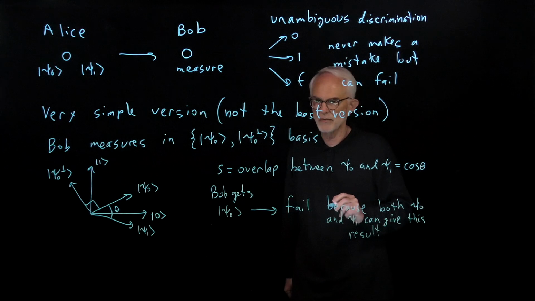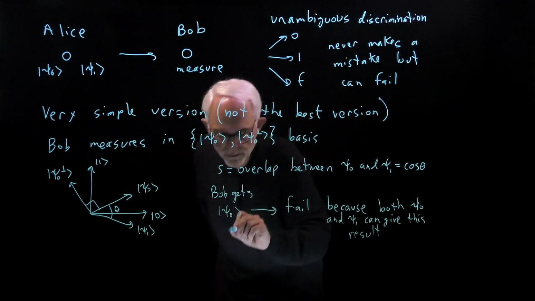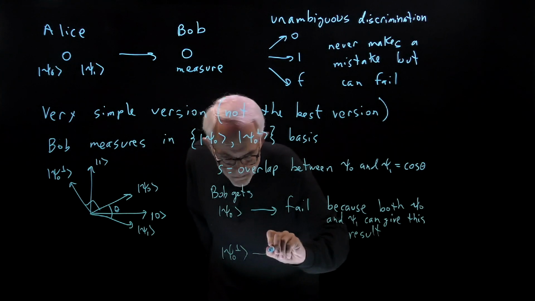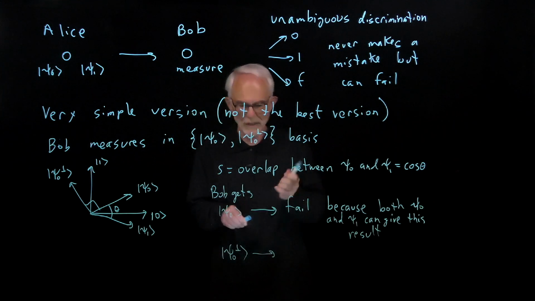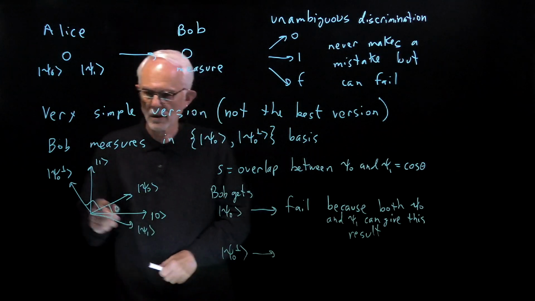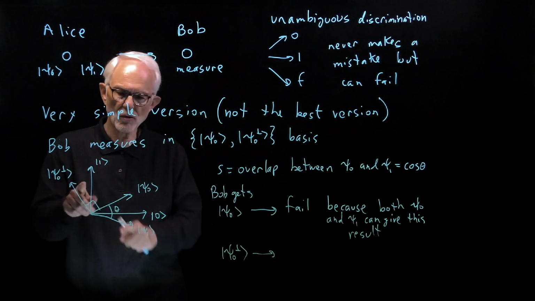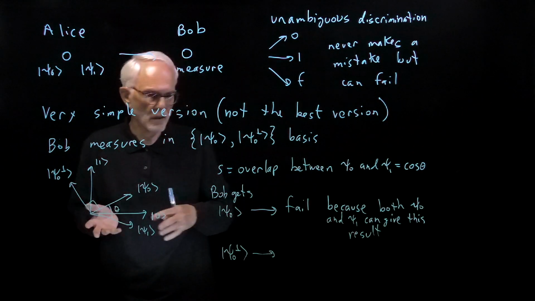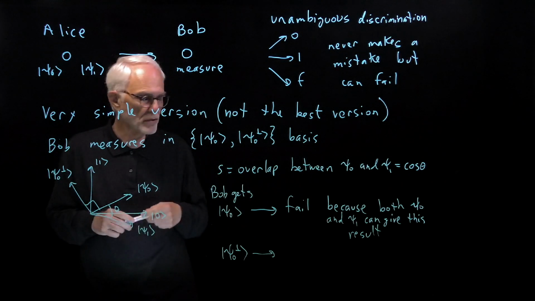Now let's see what happens if he gets psi0 perp. Now he can only get psi0 perp in one way. Because psi0 perp and psi0 have an angle of 90 degrees between them, the overlap between those two is simply 0. Cosine of pi over 2 is 0.